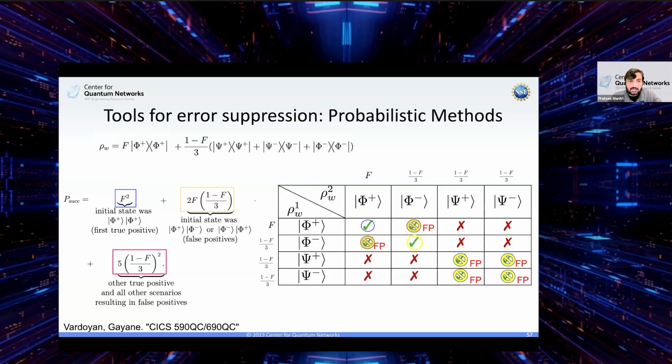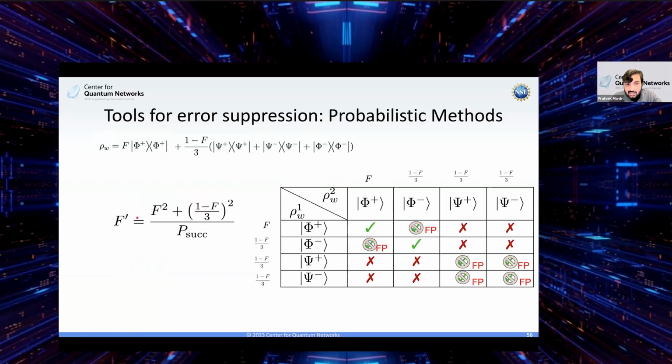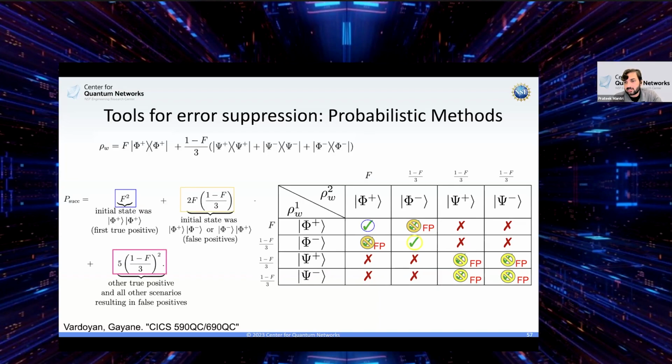Using this method, we are able to improve the fidelity of this state to this new fidelity, which is f square plus ((1 minus f) by 3) whole square. As you can see, this is a probabilistic method because we ended up having all these false positives as well, and hence the term probabilistic. This is what we call distillation. This particular method that I talked about is the Bennett protocol, or a version of it is also called the Deutsch protocol. If you look into a lot of quantum repeater literature, this is something that you would find a lot.